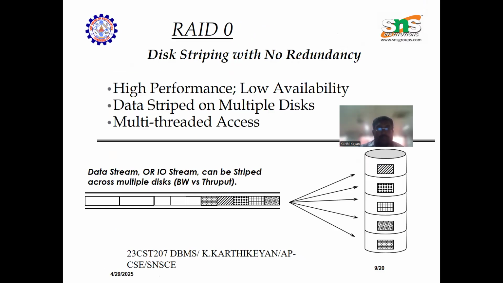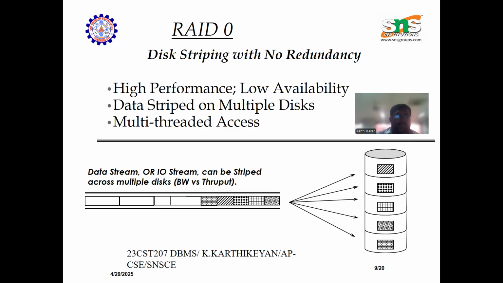So first, we choose RAID 0, data striping with no redundancy. No redundancy means there is no duplication of data on the disks. The basic characteristics are high performance and low availability, with data striped on multiple disks and multiple threads able to access it. A data stream or I/O stream can be striped across multiple disks, giving bandwidth and throughput.